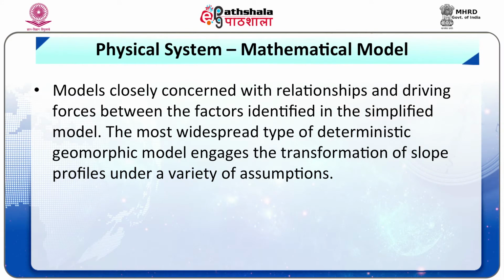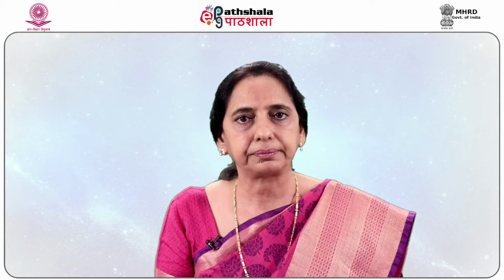Such models are very closely concerned with relationships and driving forces between factors identified in the simplified model. The most widespread type of deterministic geomorphic model engages transformation of slope profiles under a variety of assumptions.